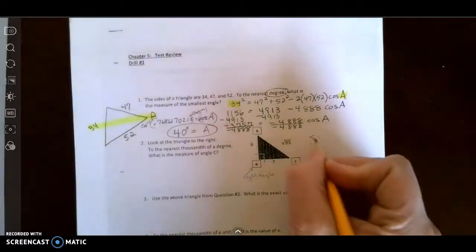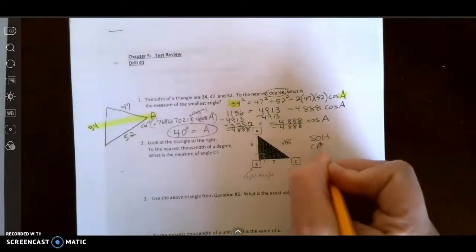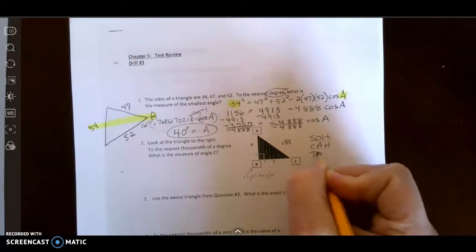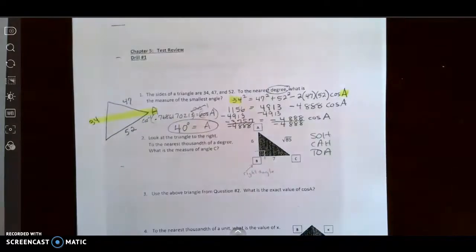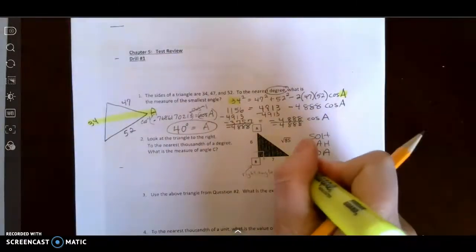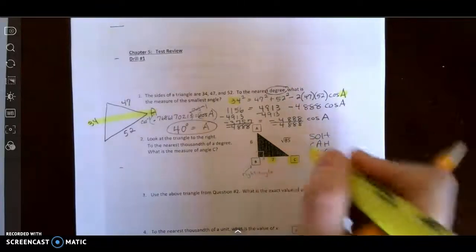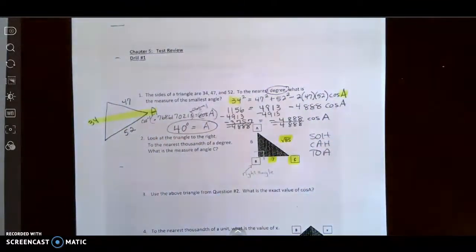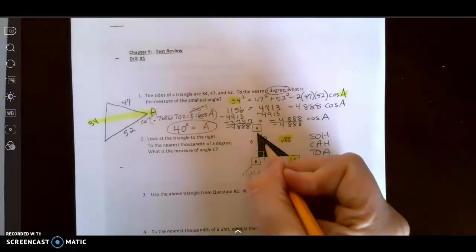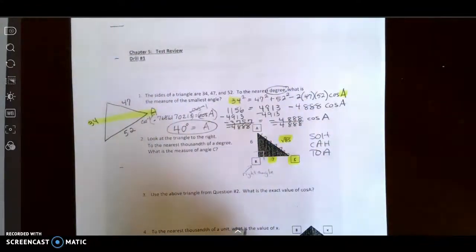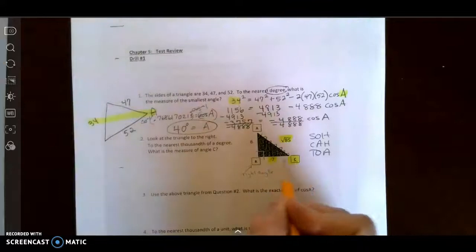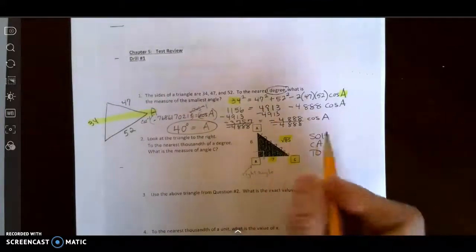I can use SOHCAHTOA. And what I've got to figure out is which one to use. So I want to find angle C. I know this side and I know this side. This right here I know is my hypotenuse. So I have the angle, I have the adjacent and the hypotenuse.